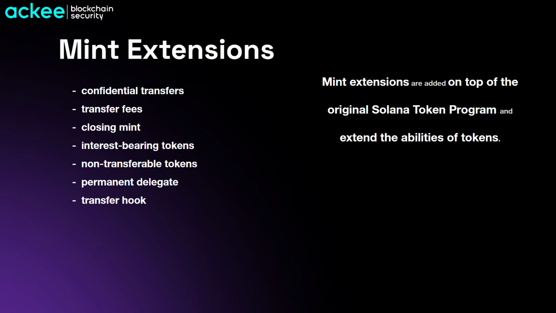Transfer hook. I would say one of the greatest use cases for tokens, as you can specify your own program during every transfer of tokens. Metadata pointer and metadata, as I was talking about the Metaplex, Token 2022 should improve this and natively support metadata.